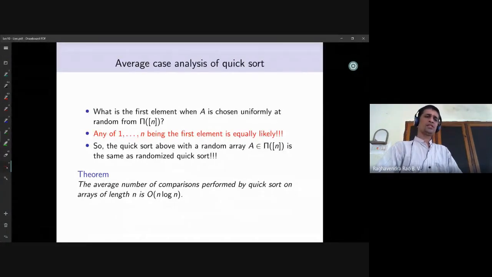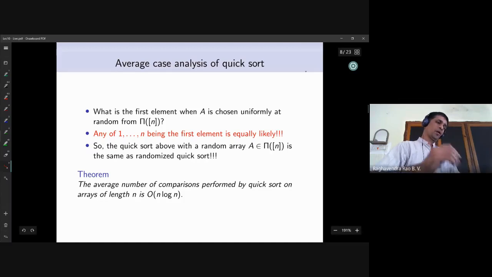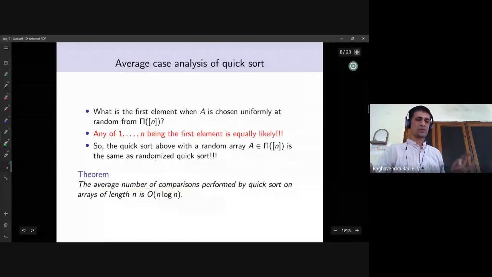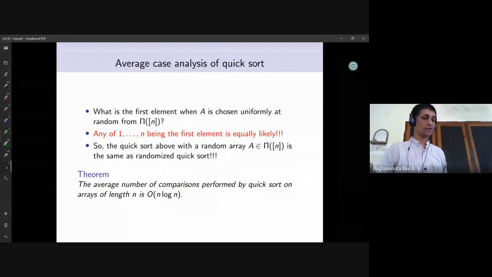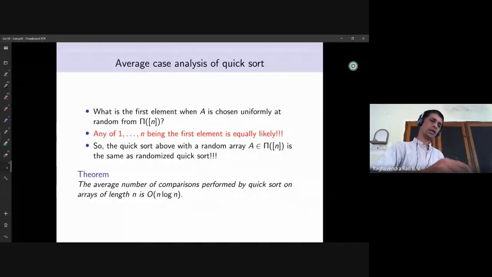Whereas for randomized algorithms, there are plenty where the analysis is known. So this observation led to, in one shot, the average case analysis of quicksort itself, using randomized quicksort.